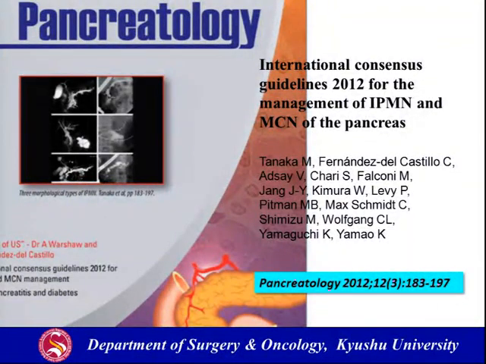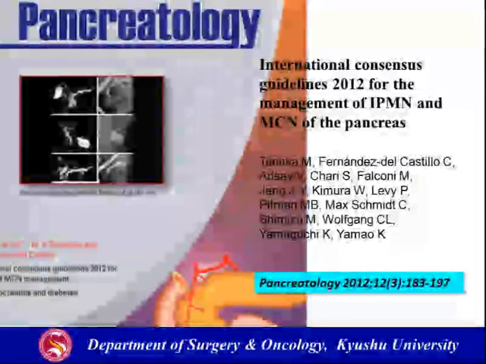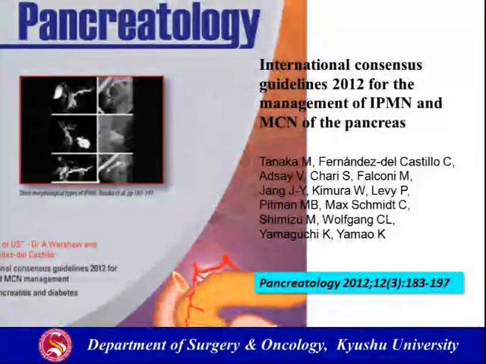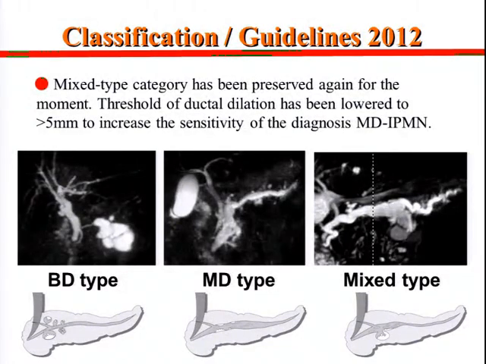My talk today will focus on the points of the major changes of these Fukuoka guidelines on the IPMN side, not on MCN side. The mixed type category has been preserved again for the moment.